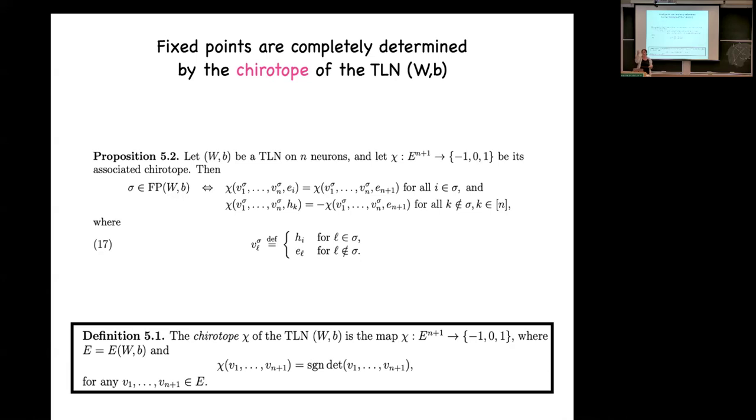So if a subset of nodes co-fires at a fixed point, so sigma is in FP(W), and sigma is the collection of nodes, so some subset of the neurons, then that is going to be true if and only if certain chirotope elements satisfy certain relations with each other. In other words, you take your hyperplane arrangement, pull out these vectors, form the chirotope, compute all those determinant signs, and you can then read off, in an automated way on a computer or something, who your fixed points are. So that's lovely thing number 1.